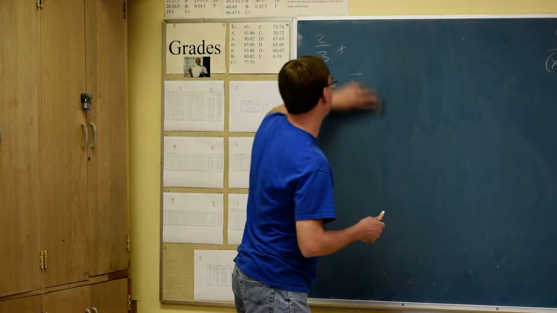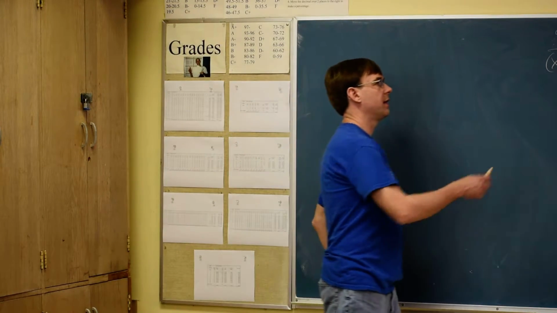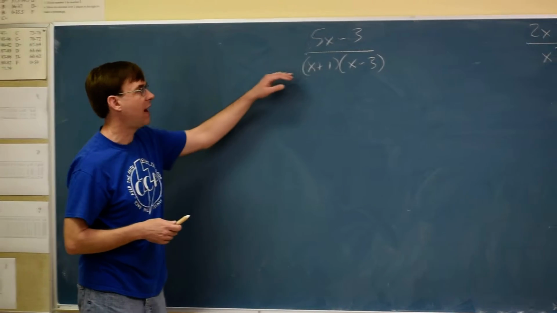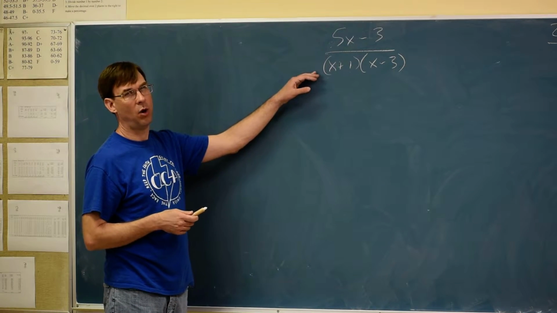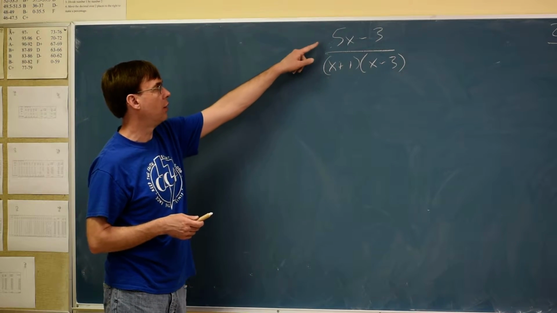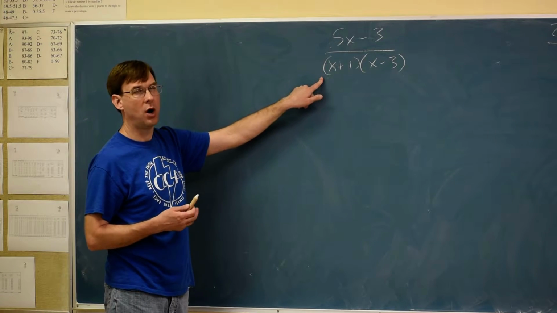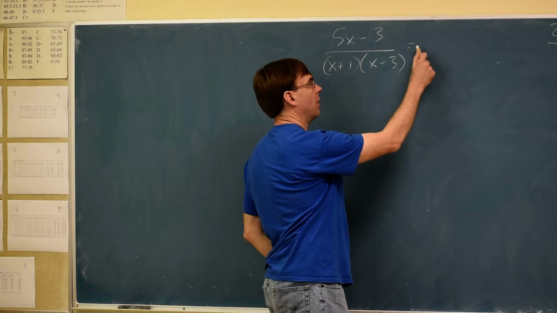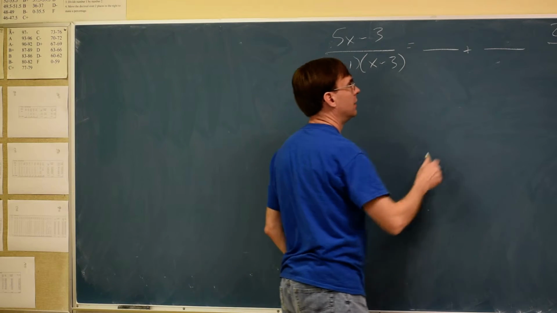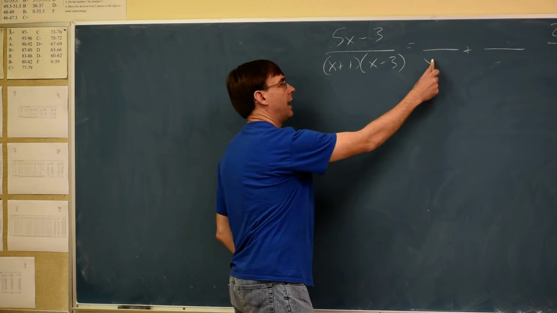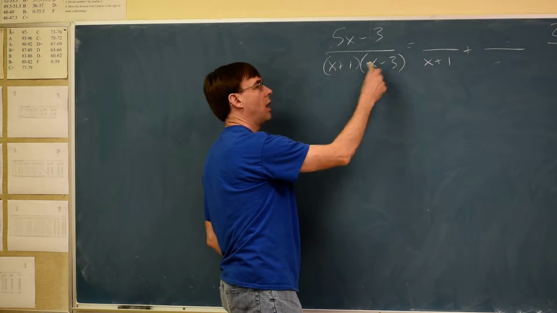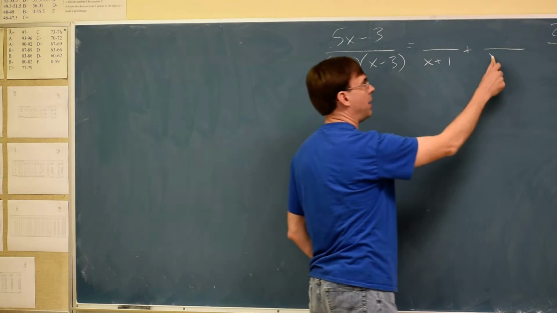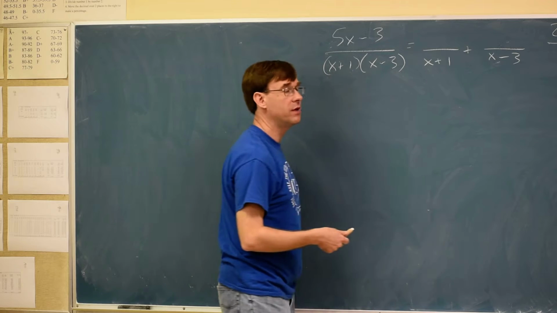So what we're going to look to do on any problem that you have, if the bottom can be factored, look to factor the bottom. Okay, so I have a top, here I have a bottom that I already factored. If this is going to be our answer from adding two fractions, chances are x plus 1 had to be the bottom of one of them, and x minus 3 had to be the bottom of the other.